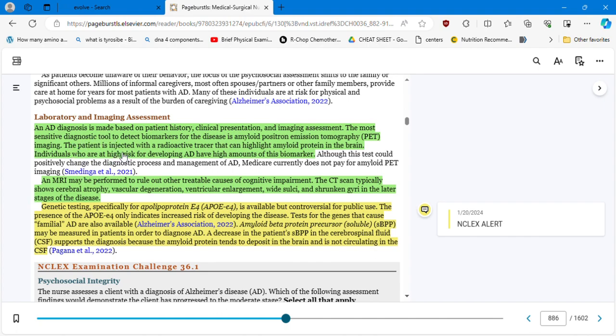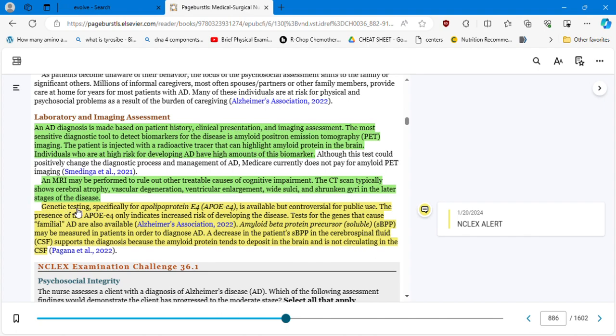The patient is injected with a radioactive tracer that can highlight amyloid protein in the brain, and individuals who are at high risk for developing AD have a high amount of this biomarker. Also, an MRI may be performed to rule out other treatable causes of cognitive impairment. The CT scan typically shows cerebral atrophy, vascular degeneration, ventricular enlargement, and some other factors that are related to the disease.